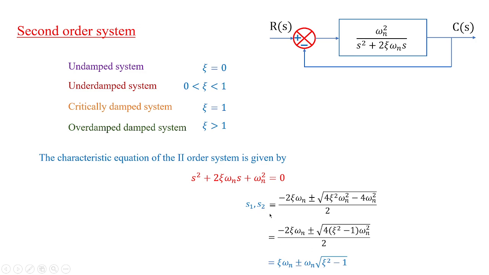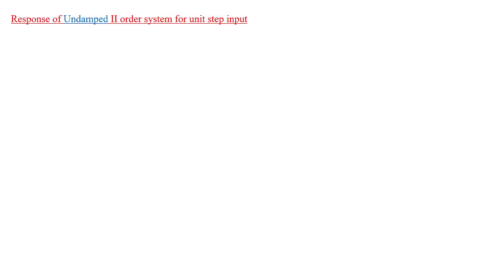Remember, these kind of roots are obtained for the second order system, and later on by substituting the value of zeta we can easily estimate exactly the location of the poles, or we can talk about the stability of the system.